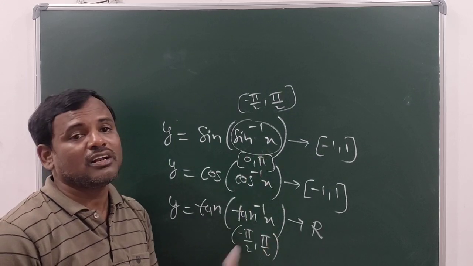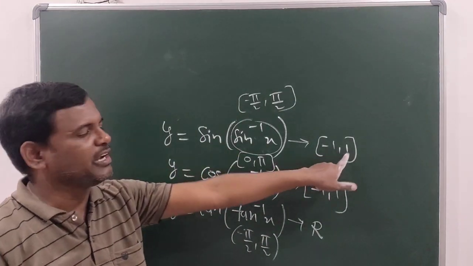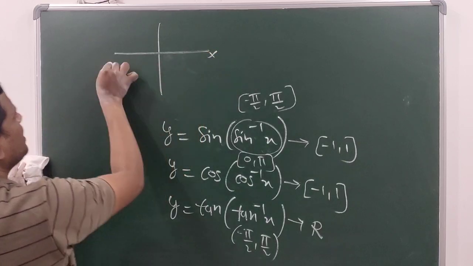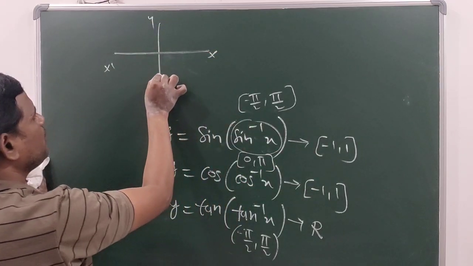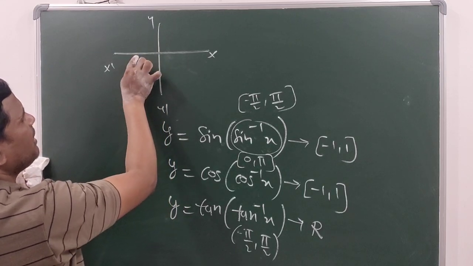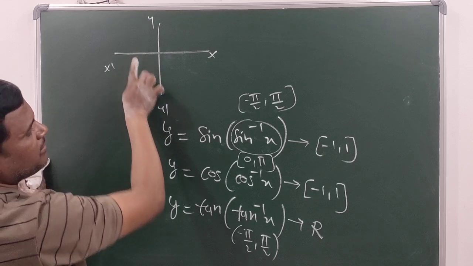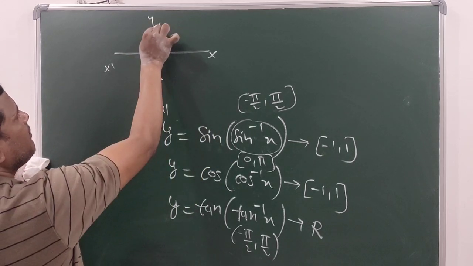Here these are not periodic functions because the final result we are getting is -1 to 1. So if you observe this graph, finally you will get -1 to 1 on the y-axis. Here -1 you may get, and here 1.